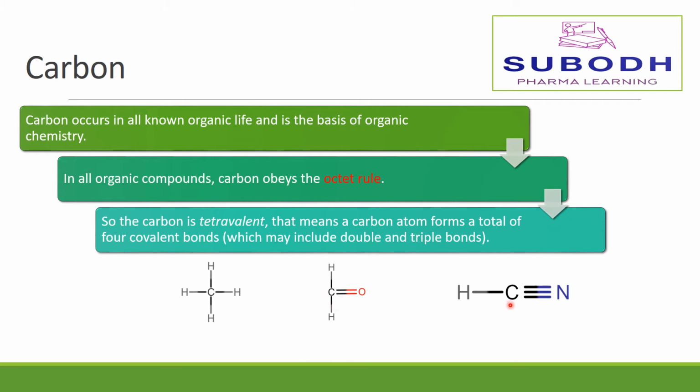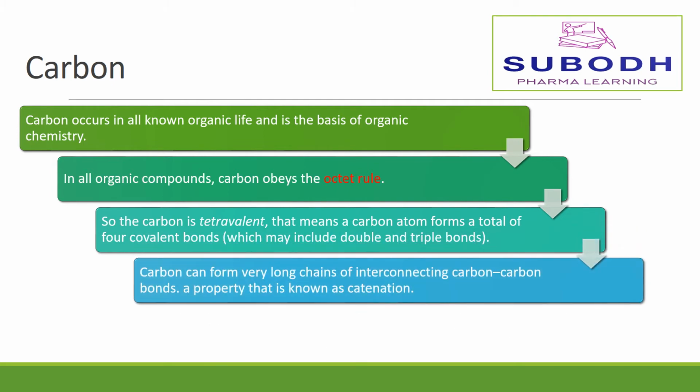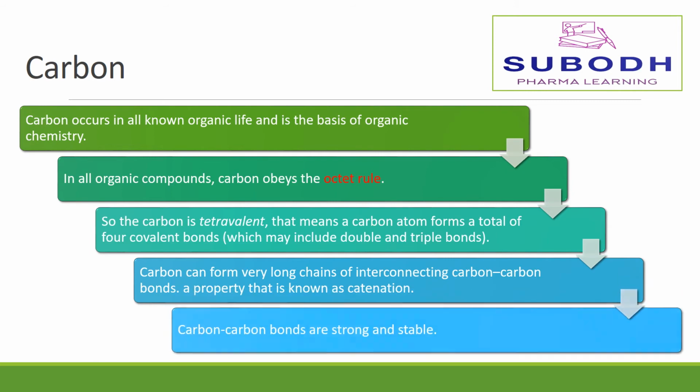And in the last example, it forms one covalent bond and a triple bond with nitrogen. Carbon can form very long chains of carbon bonds, and this property of bond formation is known as catenation. The carbon bonds are strong and stable.